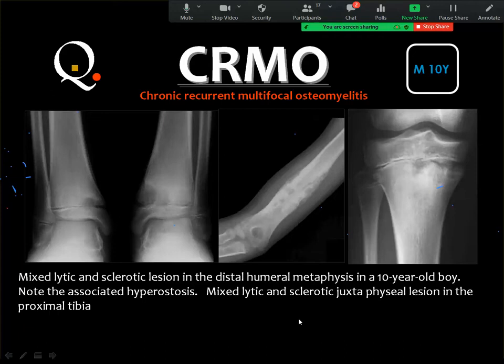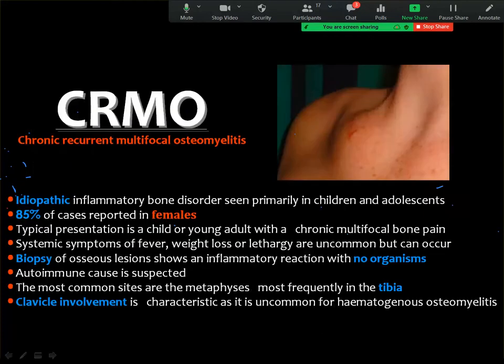Actually, this disease is frequently seen in clinical practice these days, so I would like you to know about this particular disease. This is an idiopathic inflammatory bone disorder seen in children and adolescents. It's more common in females, and if you get a biopsy from this lesion, you will not find any organism.